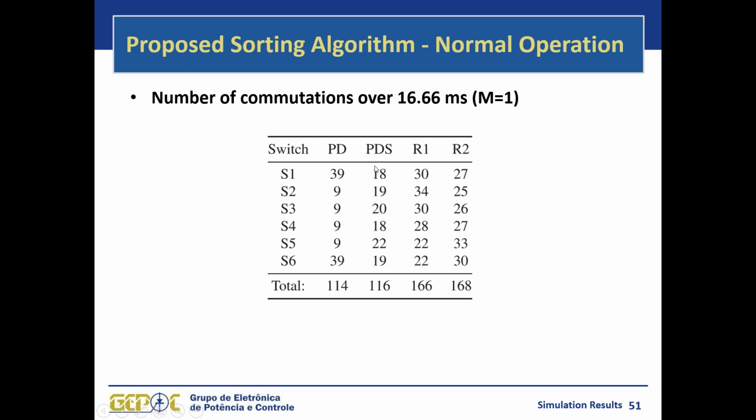And here we have a very similar result for all the switches for the PDS. And for strategies R1 and R2, we can see that they have slightly different values for the number of commutations for the switches, and they have a higher total number of commutations when compared to the proposed strategy.